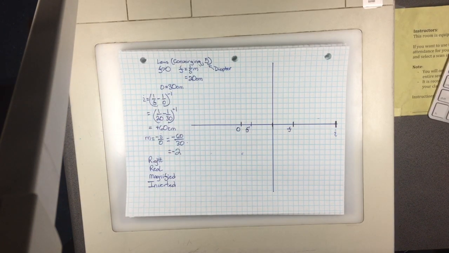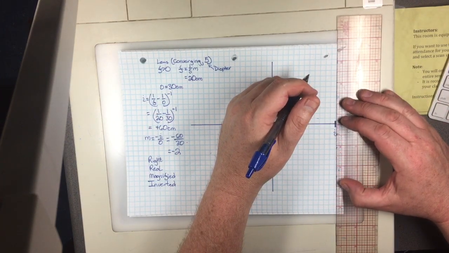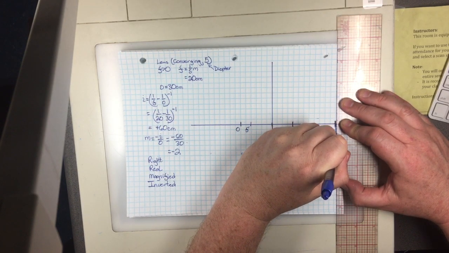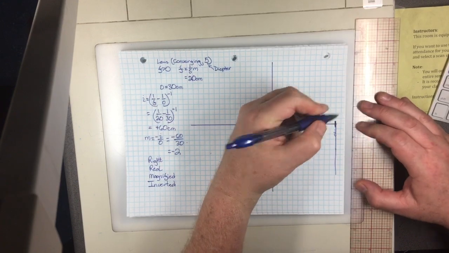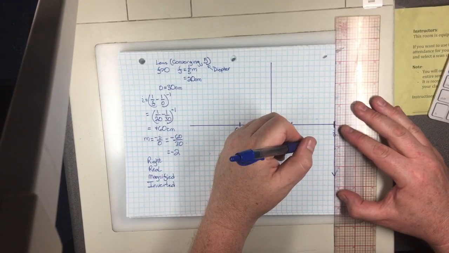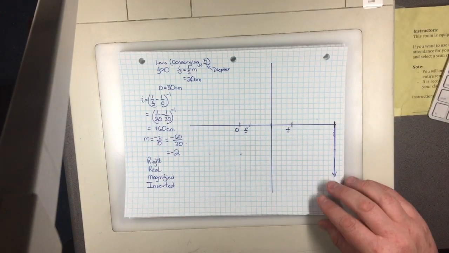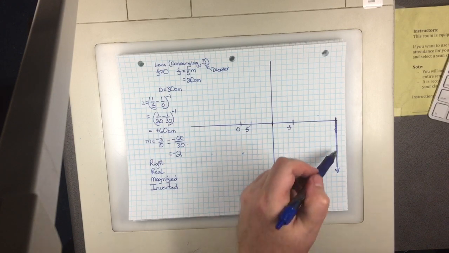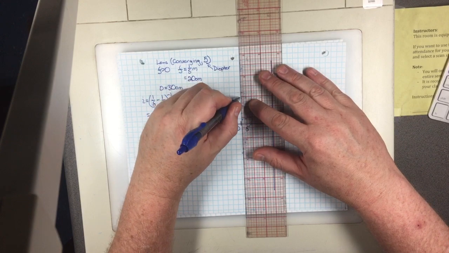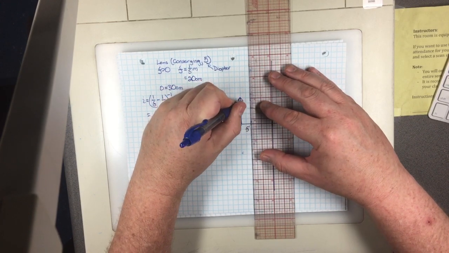Now the magnification of the image is negative 2, so I'm going to do something like this. Let me draw a little bit better. Okay, so the image distance is like that. The object is 1/2 of this, so the object must be 5 blocks tall, like this.